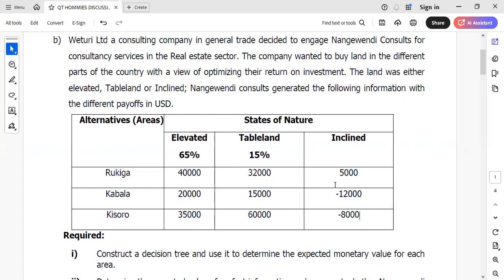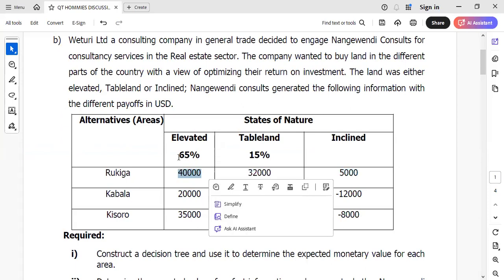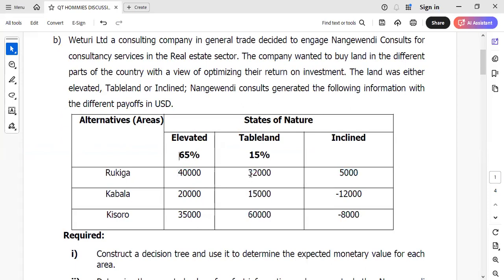So you will be getting 40,000 times 0.65, you get 32,000, times 0.15, like that. After changing, you create another column for expected monetary value.